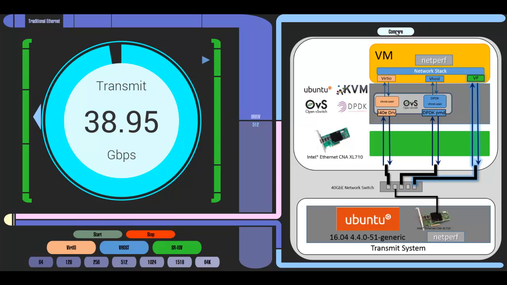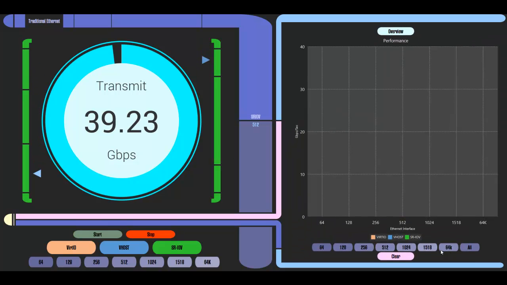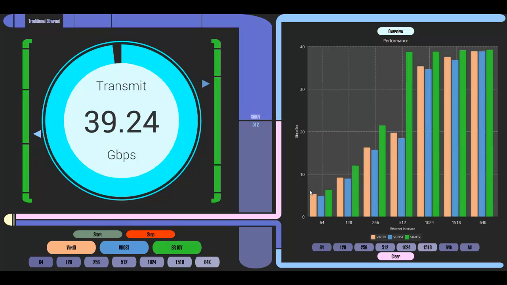If you want to look at the whole chart here, we can look at, say, 64 bytes. This is about what it's going to be. So you have your VirtIO, your OVS DPDK, and SR IOV. And if we bring them all up here, you can see what the data is. So you can see that OVS DPDK is pretty close in performance in this kind of situation to the VirtIO.